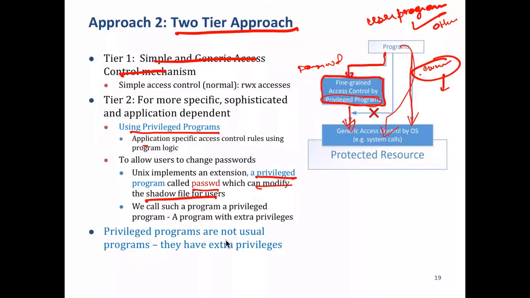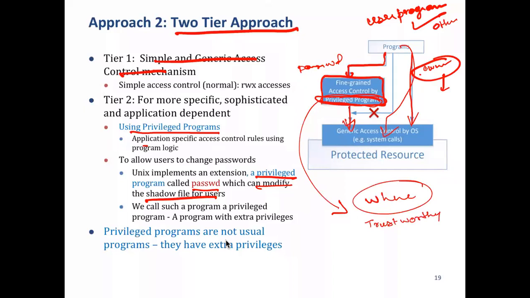Now the simple question I'm asking is where this privileged program will be. It has to be absolutely trustworthy, and it's generally in the TCB. Now, don't get confused with thread control block. It is the trusted computing base, or in the OS.